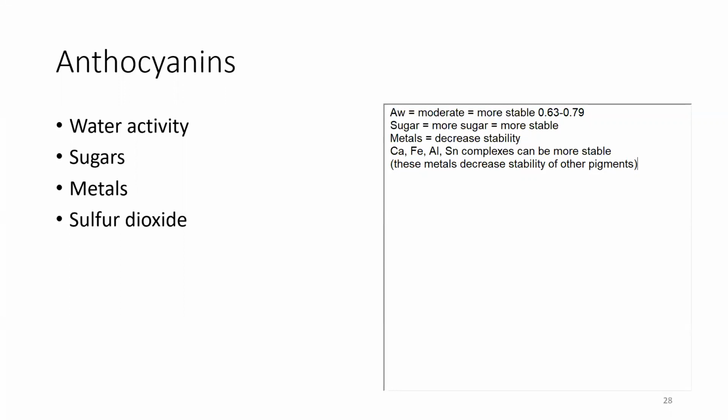Sulfur dioxide. So what do you think the effect of sulfur dioxide is? Is that going to improve stability of the color or not? Where have we seen sulfur dioxide used before?